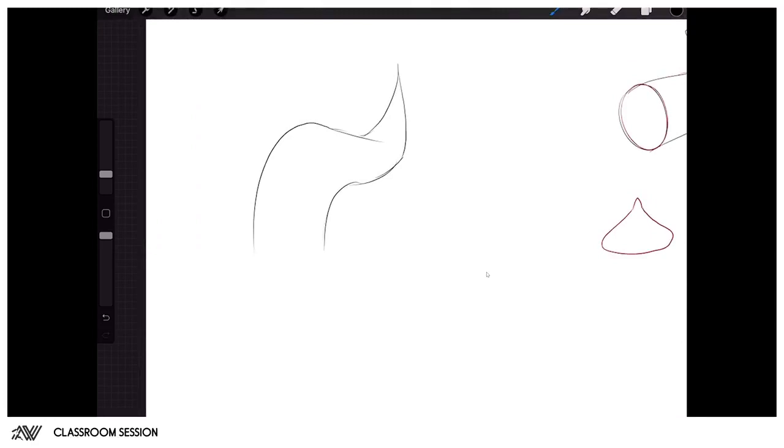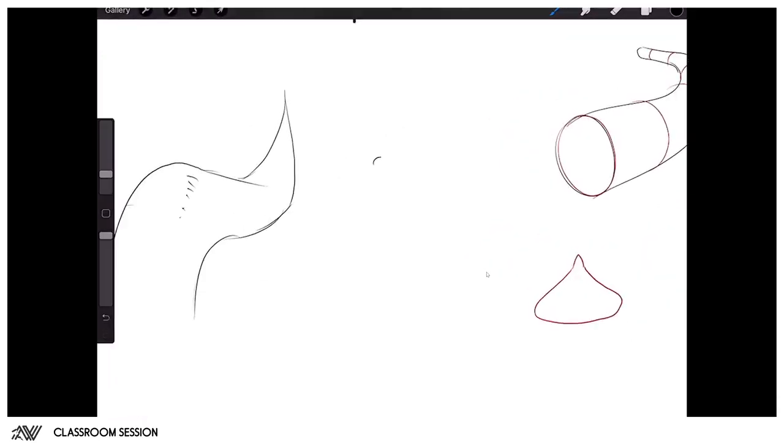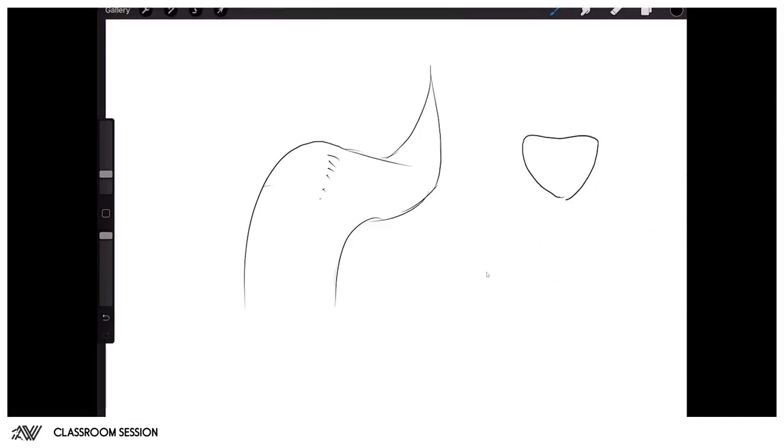And basically what happens with those horns is that their contour looks a little bit like a triangle, like this. And so that's actually also just a manipulated contour line.